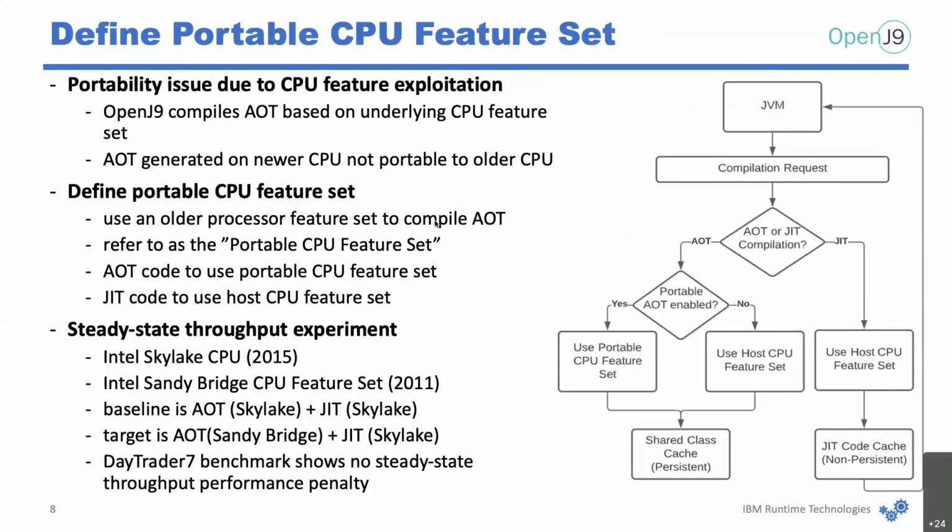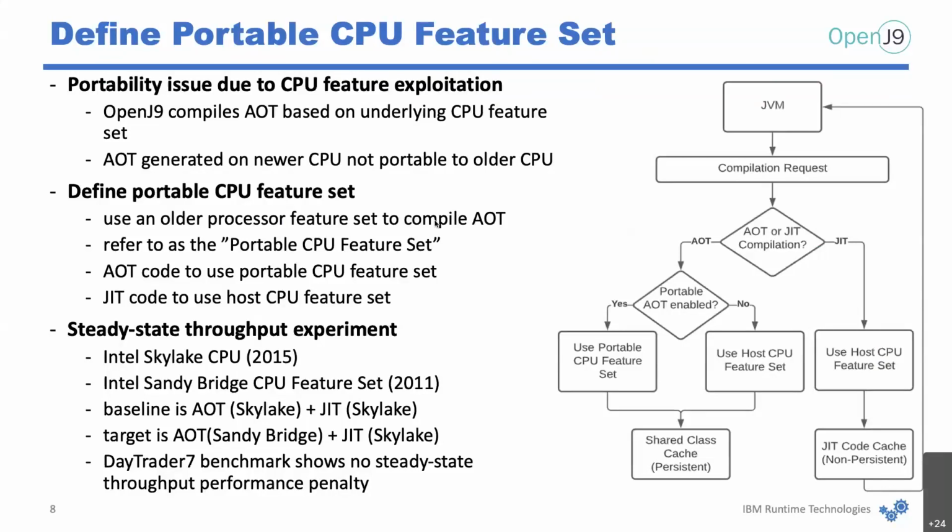In the implementation, instead of using the underlying CPU feature set for AOT compilations, we use a relatively old processor feature set that we call the portable CPU feature set. This will improve portability drastically. It's similar to how a static compiler like GCC ensures the portability of its generated binaries.